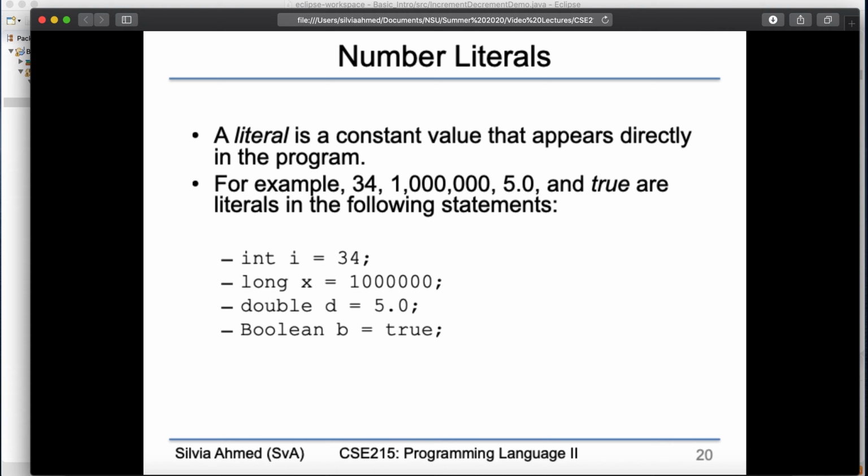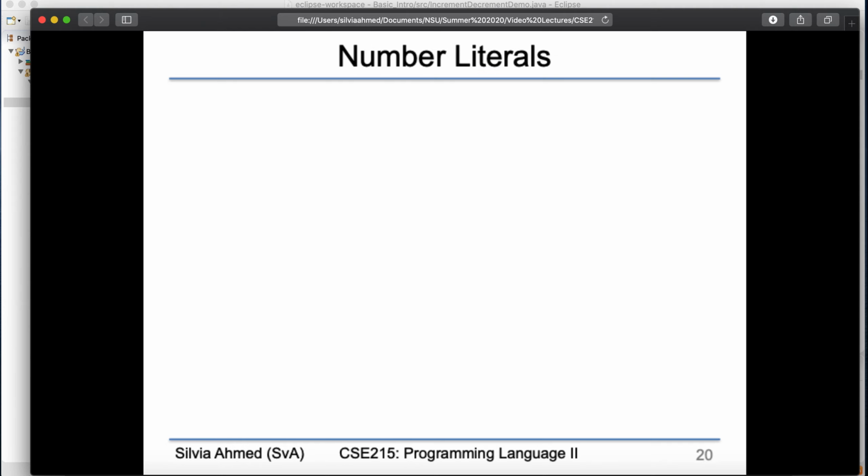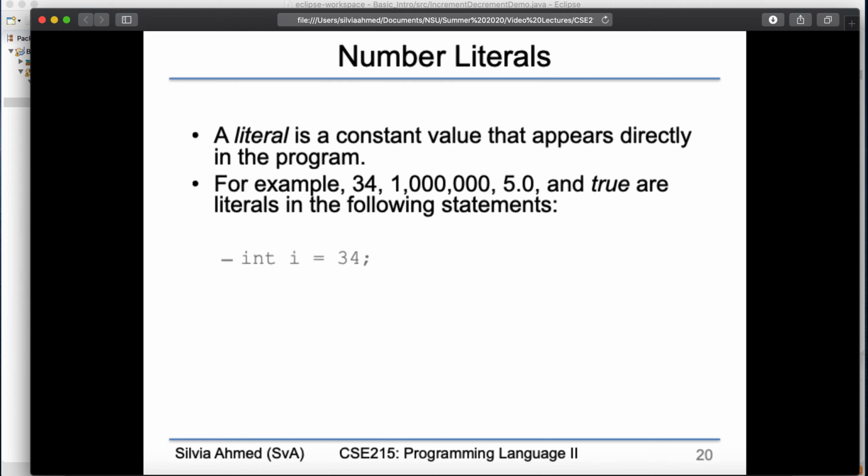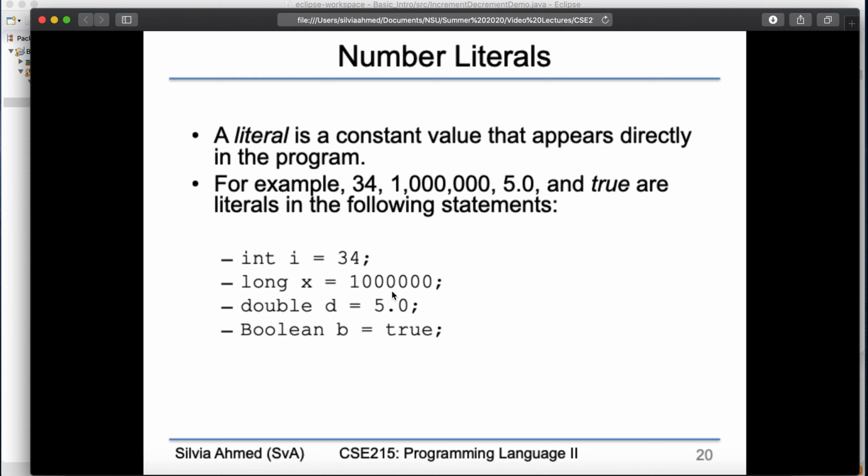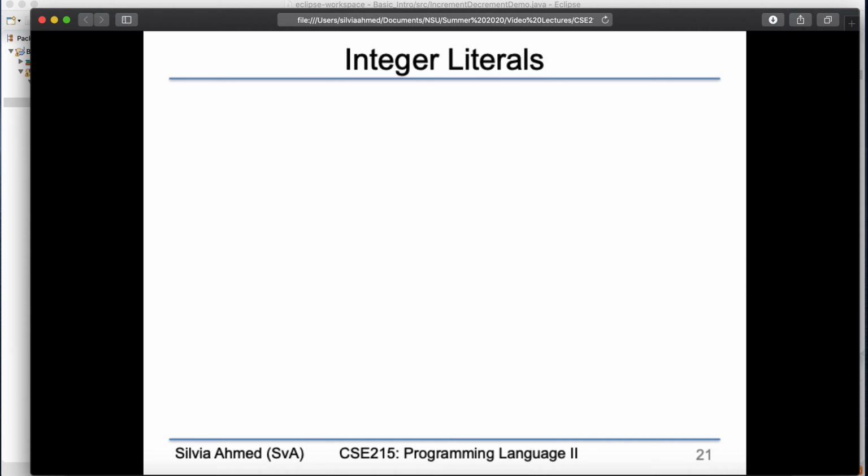When we are writing int i equal 34 or long x equal 1 million, i is the name of the variable and the actual integer value 34 is called an integer literal. This 1 million is called a long literal. This 5.0 is called a double literal, and so on.